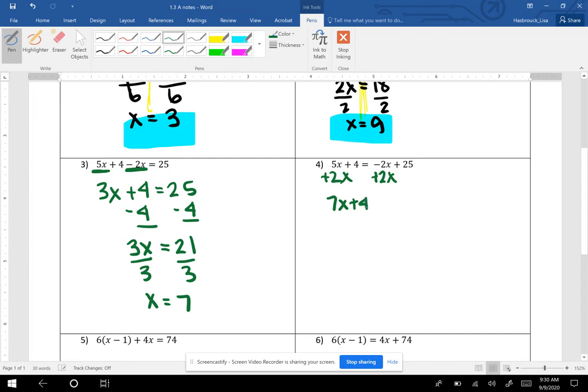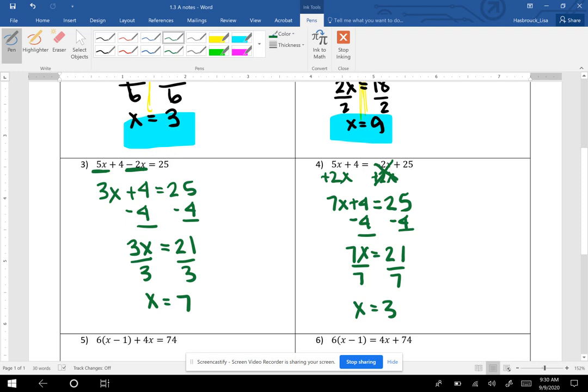I bring down the plus 4 as well as the equal sign. Now notice negative 2x plus 2x cancels out. That's what we wanted, and we just have 25 left on that side. Now I subtract 4. I have 7x equals 21, and then I divide by 7 to get x equal to 3.